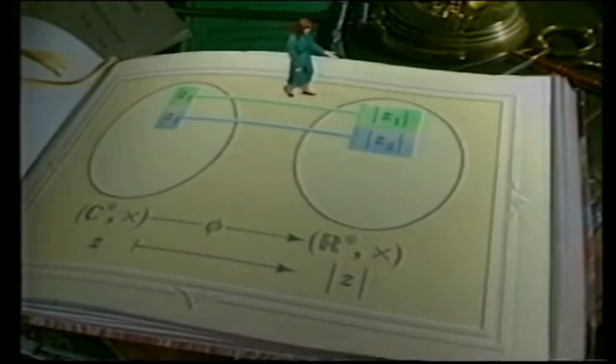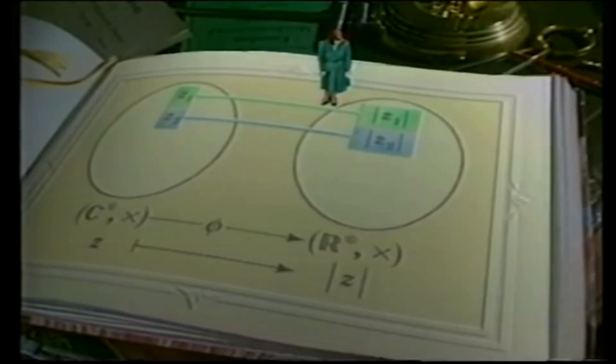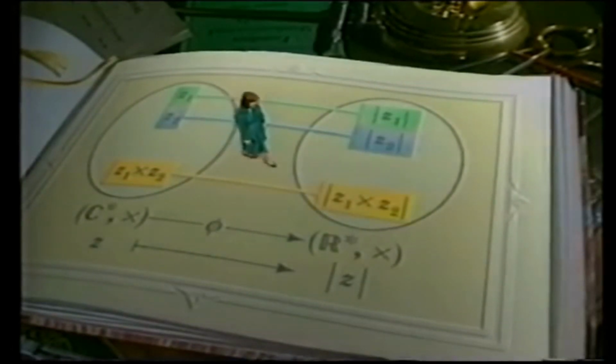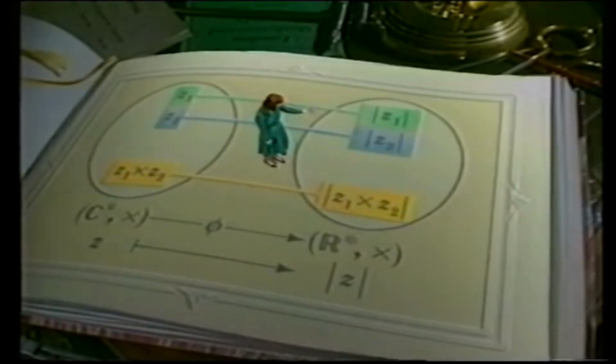Under phi, z1 maps to mod z1 and z2 maps to mod z2. The product of these two complex numbers is just the complex number z1 times z2, and that maps to its modulus. But the product of these two real numbers is just mod z1 times mod z2.